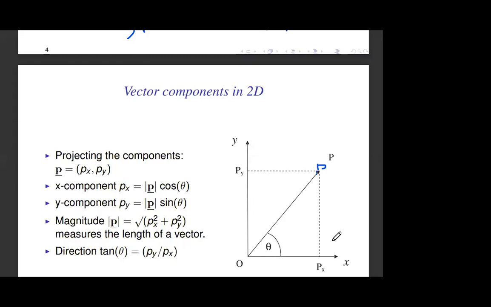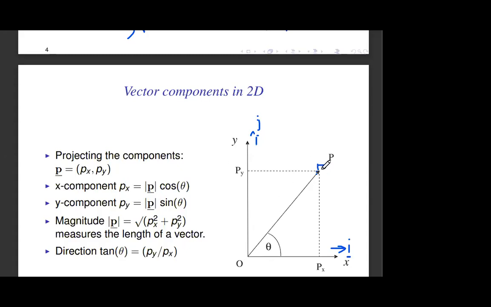Then you can define the OP vector if you know unit vectors along these axes. Let's say this is the unit vector i along the OX axis, and this is the unit vector j along the OY axis. Then you can define this OP vector pretty easily.